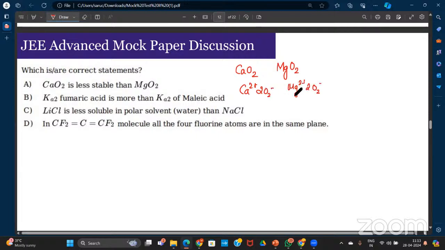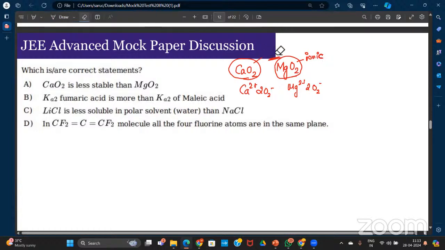CaO2 is less stable than MgO2, is it true or not? See, this one is going to be more ionic in nature, and this one has some covalent character in it. So the less covalent character is in MgO2 or CaO2, sorry.